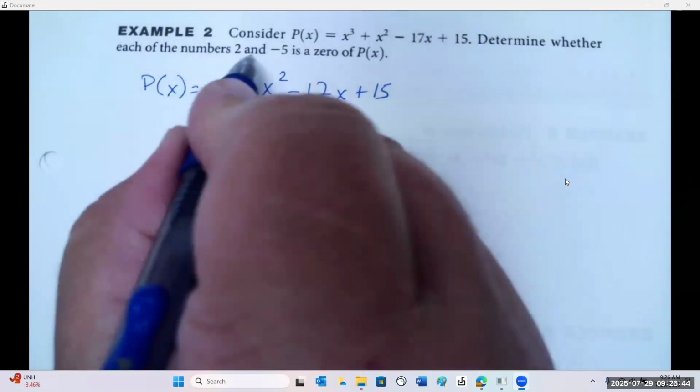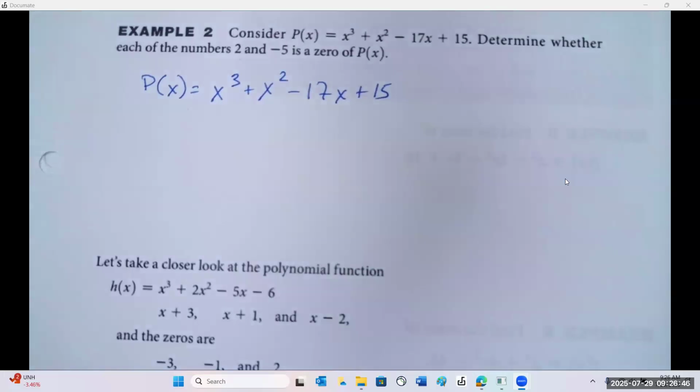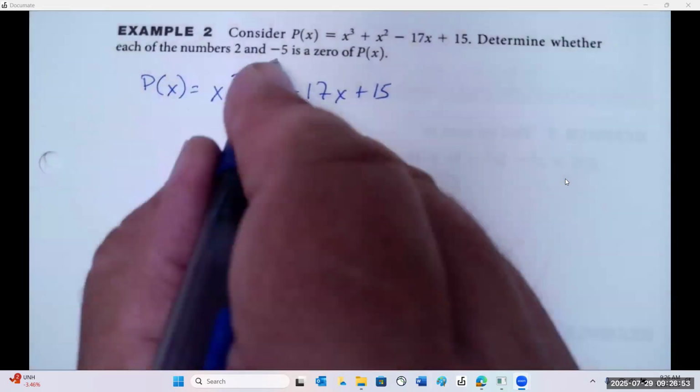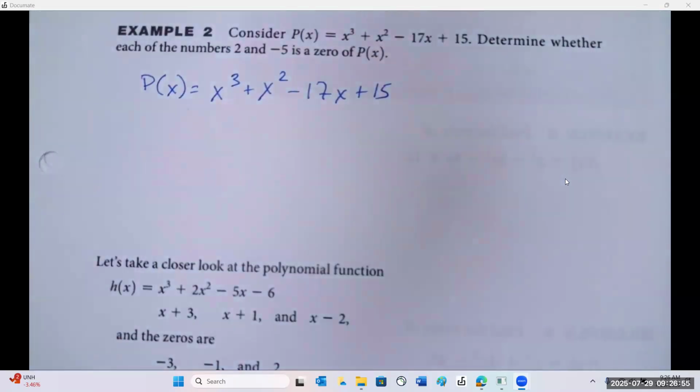Determine whether 2 and -5 are zeros. So how do we do that? How do we determine if these are zeros of this polynomial? We just did it a second ago.